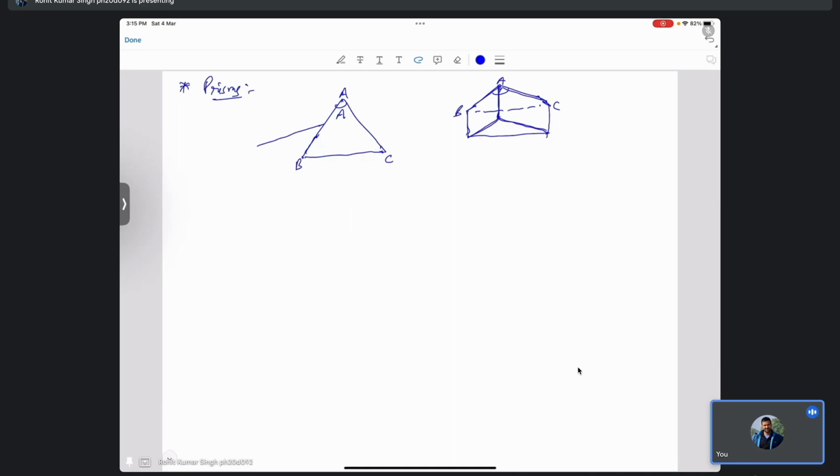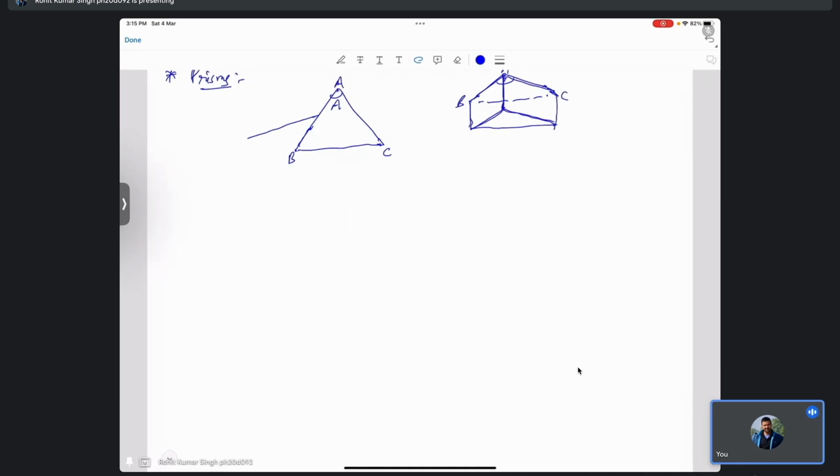Okay, so now you know that outside we have air, and inside the prism is made up of some glass material, and it will have a refractive index which is greater than air. So suppose this is the normal on this AB surface.